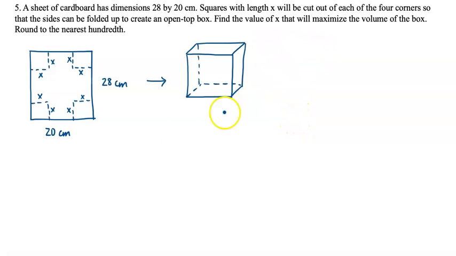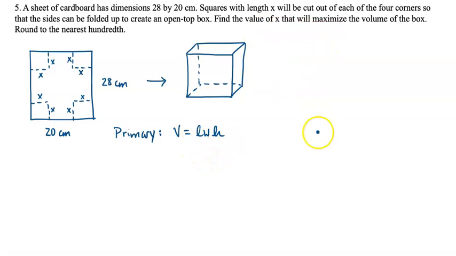So I know that my primary equation is going to be the one that maximizes or minimizes a value. So primary equation: I want to maximize the volume. So what's volume? Volume is just length times width times height of a box, right?